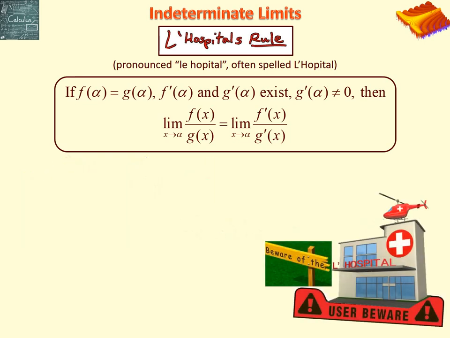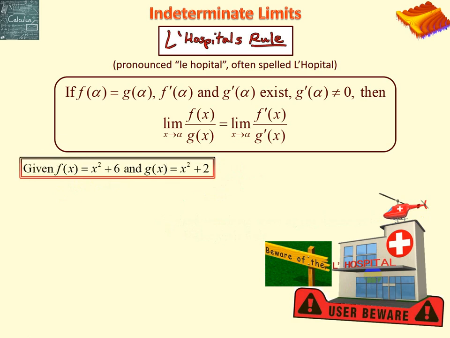Finally, a big warning. Beware of the L'Hopital. Consider this. Given f of x equals x squared plus 6 and g of x equals x squared plus 2.